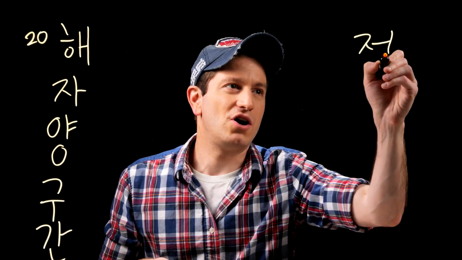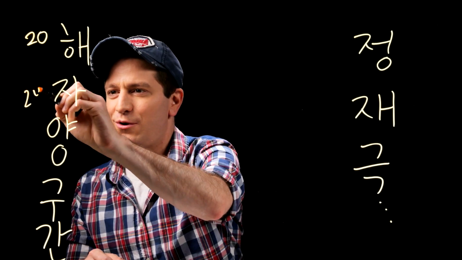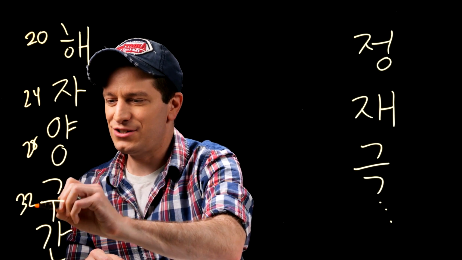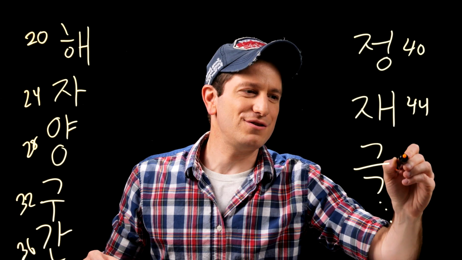Okay, so 억 was 8, 조 was 12, 경 was 16. The next one is going to be 20, and that is 해, followed by 자, 양, 구, 간, 정, 제, 극. Okay, and so far now we've got 24, 28, 32, 36 zeros, 40 zeros, 44 zeros, 48 zeros.